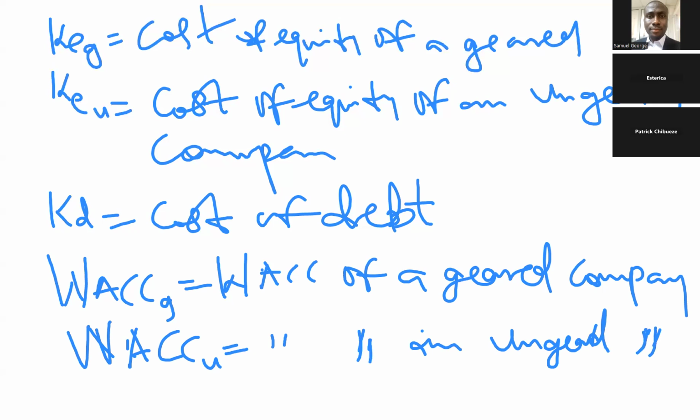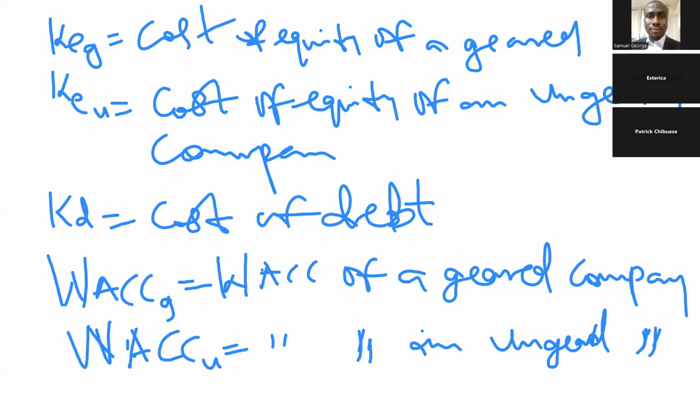So basically we just have formulas for Miller and Modigliani, and it is expected that we learn how and where to use each of these formulas.